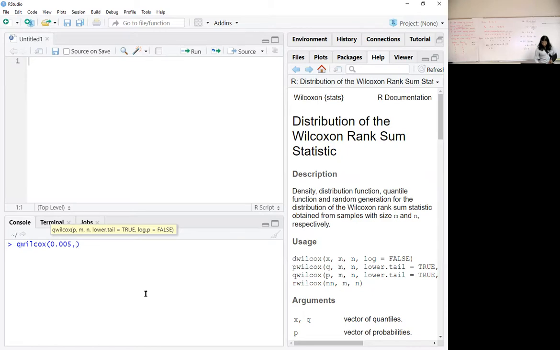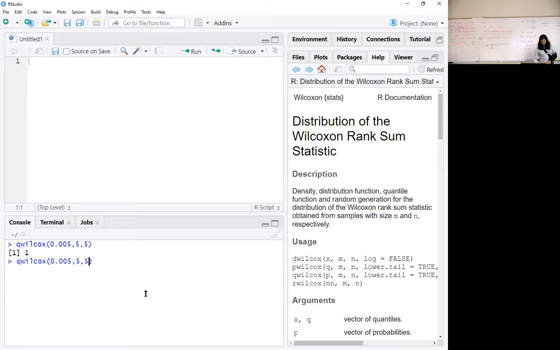So m in our case is 5, n is 5, enter, I get 1. Good. On the other side, since that is 1, m times n is 25, 25 minus 1, we will have 24.